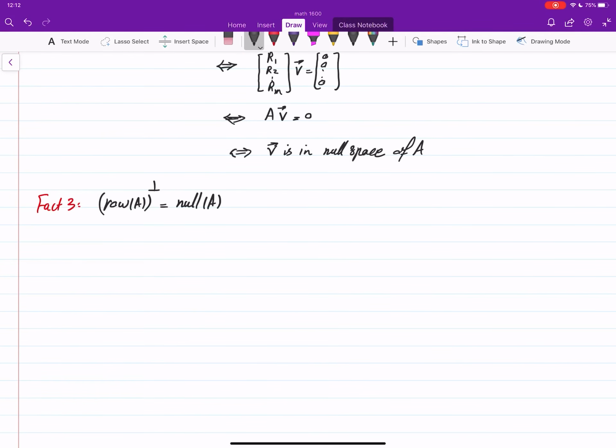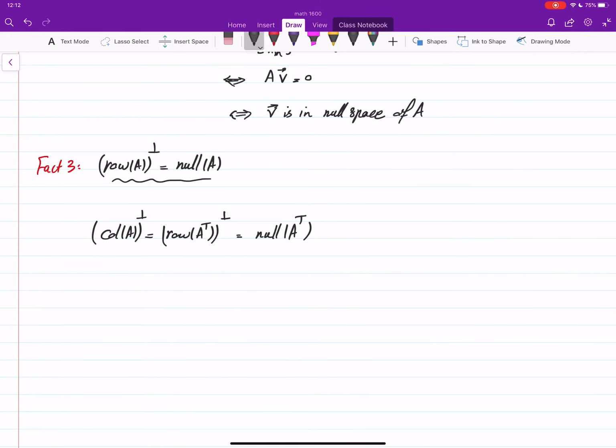How about the column space? Well, the column space now is easy, because the column space of A we know is the same thing as the row space of A transpose. Now if you find the orthogonal complement of that, you know that this is going to be the null space of A transpose, because for the row space we just had fact 3, that the row space complement is the null space of that matrix.